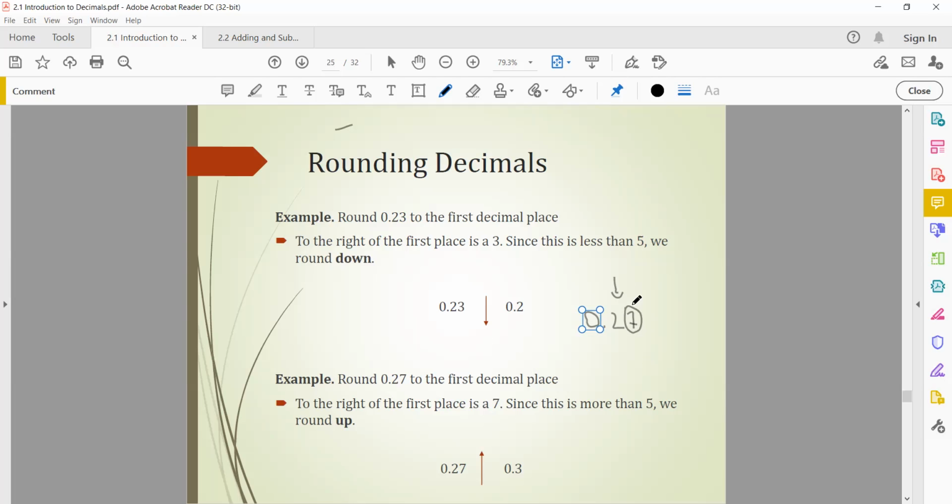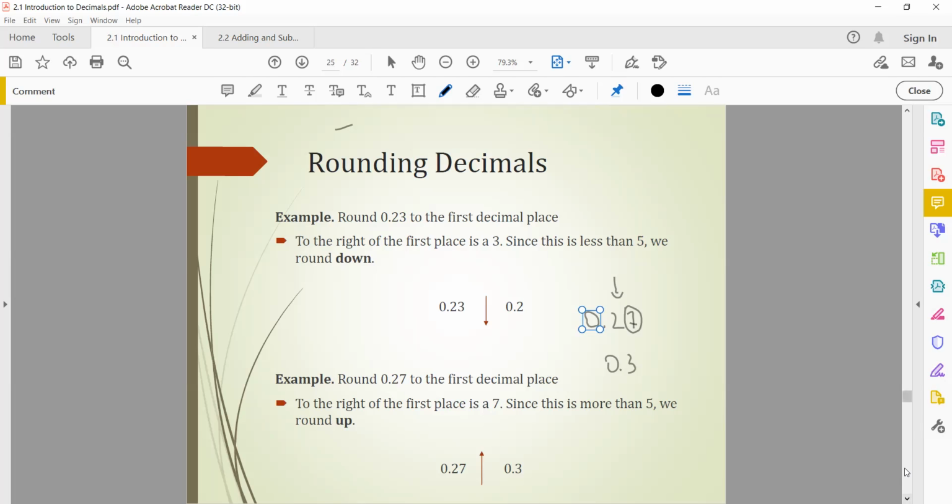That's the logic it uses. So 7 drops and the 2 increases by 1. Those are the only 2 cases. When you're rounding down, you just drop the appropriate digits and everything else stays the same. When you're rounding up, you drop the appropriate digits and then you increase the immediate leftward digit by 1.